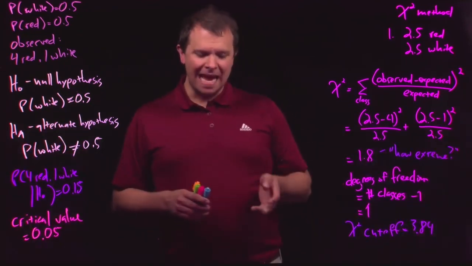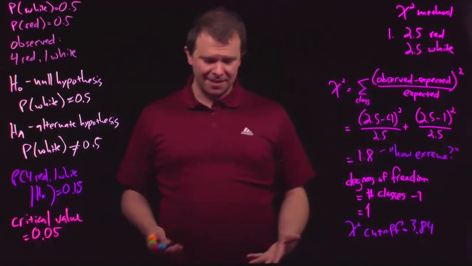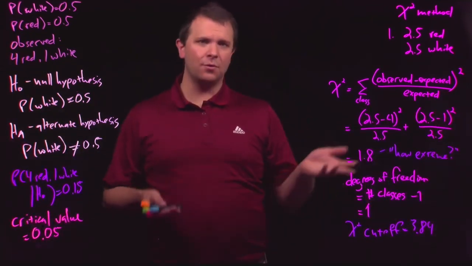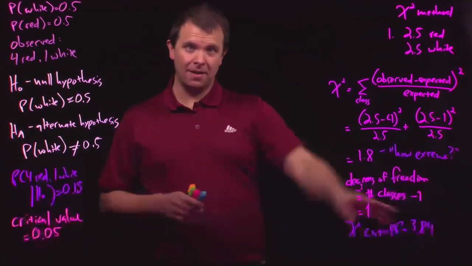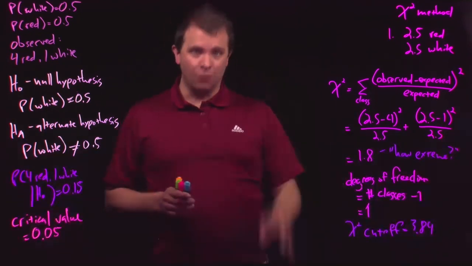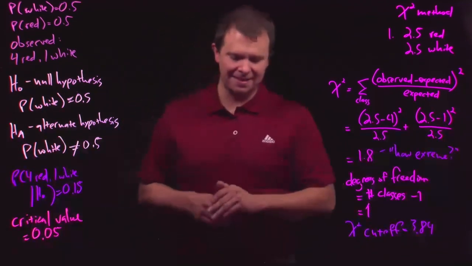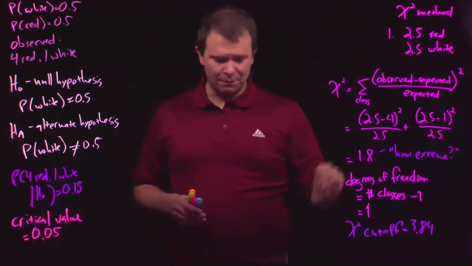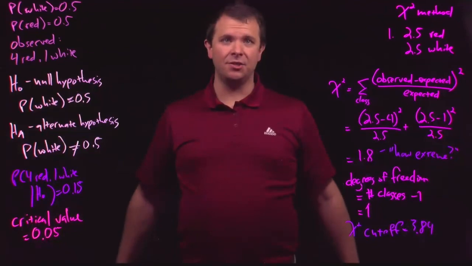We say that this result is not significant at a p-value of 0.05. In other words, it just seems like we got unlucky here. This chi-square test is really broadly useful. It is something we are going to see over and over again this semester. Whenever the question is, I expect this set of proportions, I saw this set of proportions, is that deviation significant?